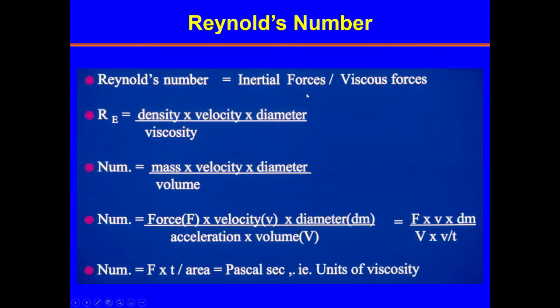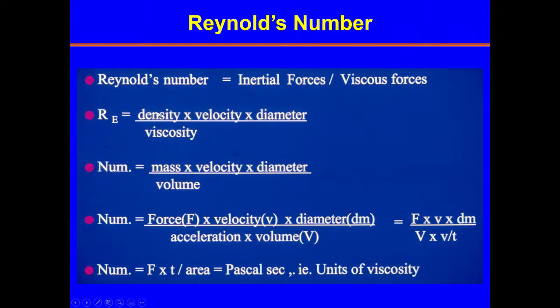So if you ask the question, what surrogates can we look at in place of inertial forces, the inertia is related to the mass of the object and its speed. The mass is represented here by density, the velocity is part of the variables that we think of when we look at moving fluid, and the diameter is a surrogate of flow. And then viscosity is in the denominator.